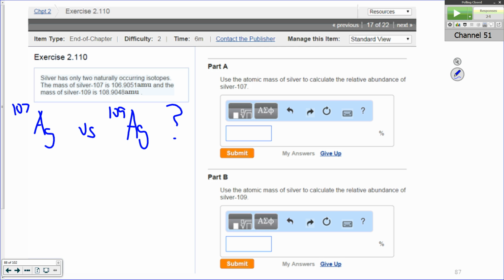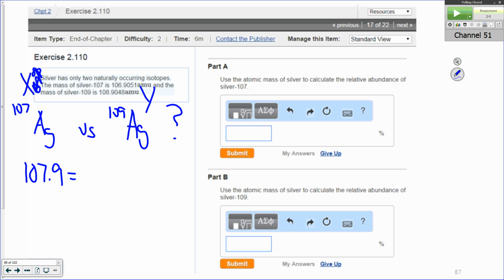The thing I can use as my hint is the formula that I have. I can look in the periodic table and find silver. It weighs 107.9, and I know that that's the weighted average. I'm going to call X the decimal equivalent of the percentage for the 107, and Y the decimal equivalent for the 109.